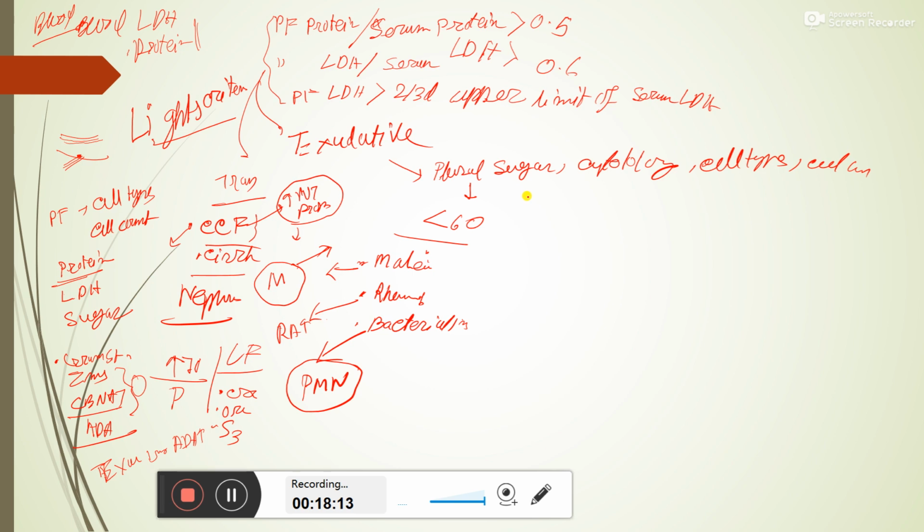Okay, and if the pleural fluid sugar is not decreased, if it is greater than 60, then we will first check whether there is any pulmonary embolism or not. For pulmonary embolism, we will do spiral CT.